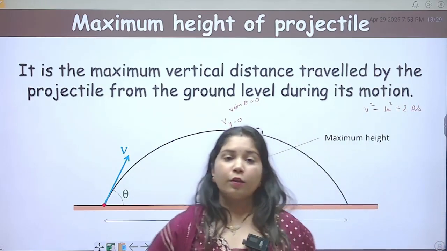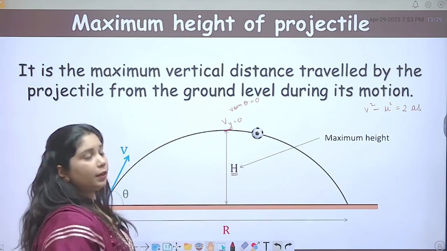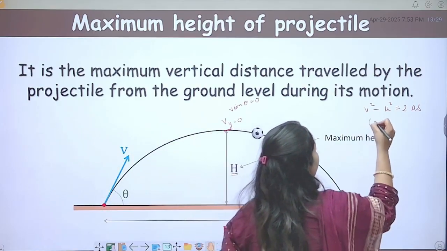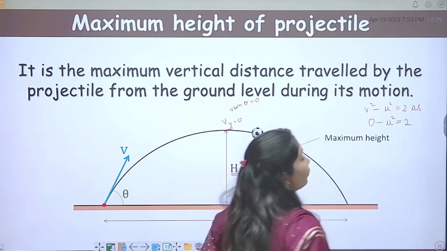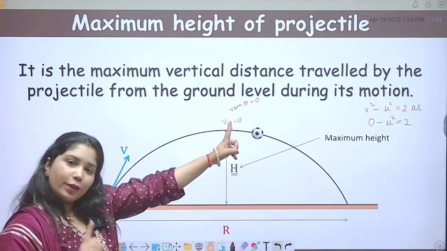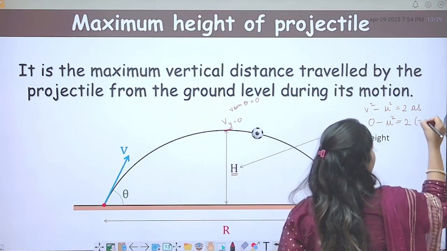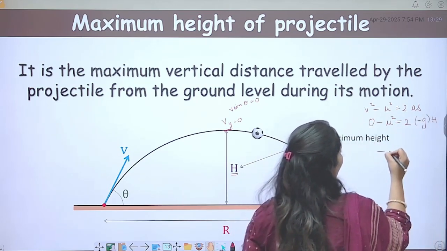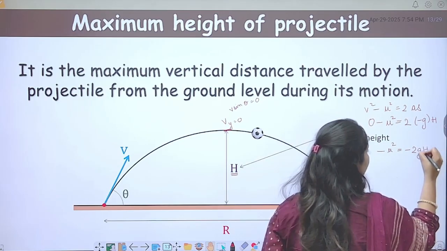Clear? We are talking for maximum height. So, the velocity at maximum height is 0. So, it is 0 minus u square is equal to 2. Again, we are talking for y direction, so a equals minus g. And displacement I am taking as h. Now, minus of u square is equal to minus of 2gh.